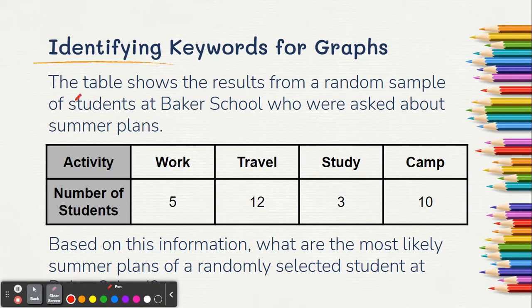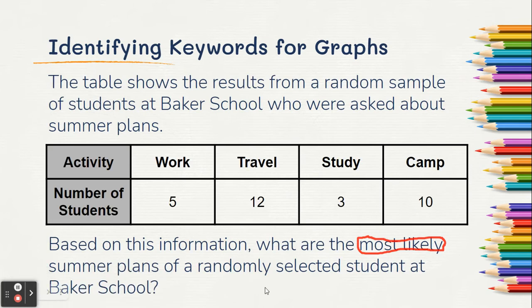So I'm going to go through this and read it again. The table shows the results from a random sample of students at Baker School who were asked about summer plans. Based on this information, what are the most likely summer plans of a randomly selected student at Baker School?